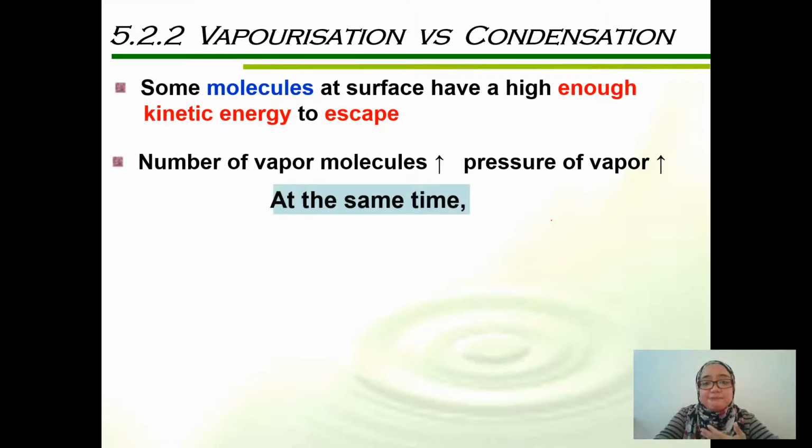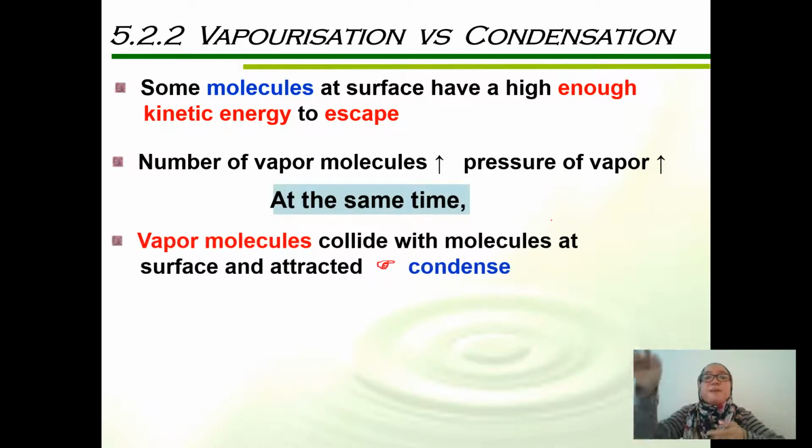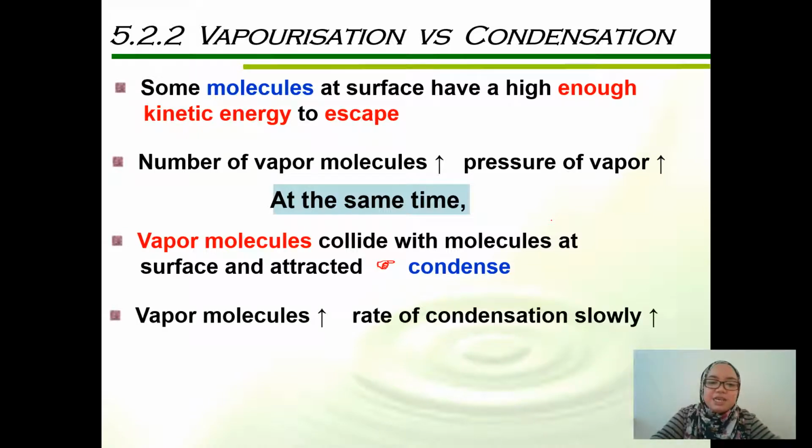So at the same time, okay, the vapor molecule yang dekat atas tadi ni, they will collide with molecules kan at the surface. And they will attracted and then they will condense. Dia boleh jatuh ke bawah balik. So dia dah lose energy masa dia collide tu, right? Okay, so kat sini, the vapor molecules increases and the rate of condensation slowly increases.